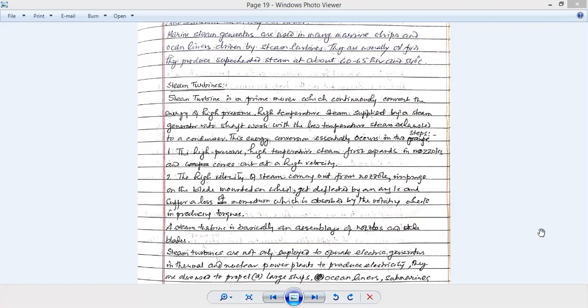All these blades are situated at the periphery of a wheel, and they have a specific angle with which they face the steam jet and absorb the energy of the steam jet at high velocity.